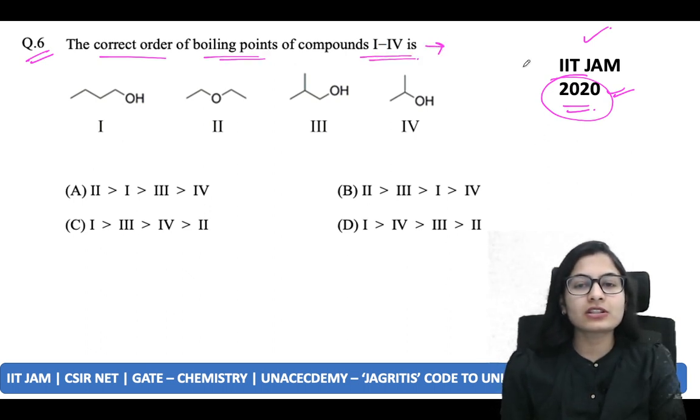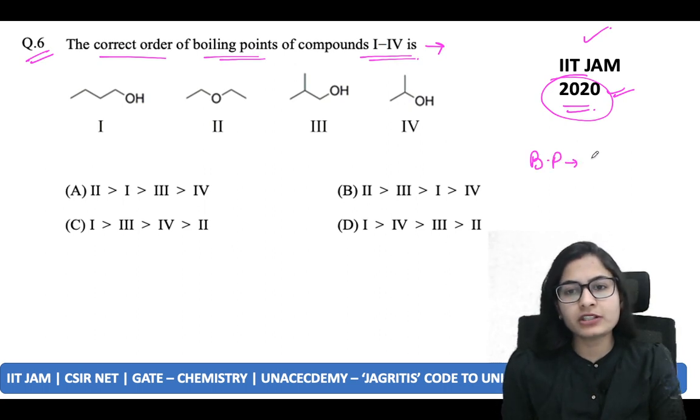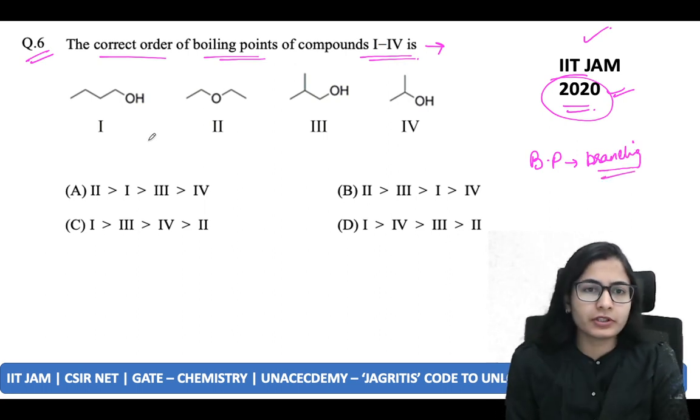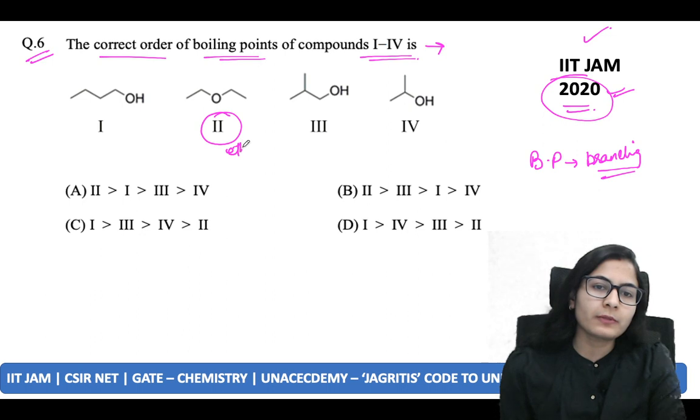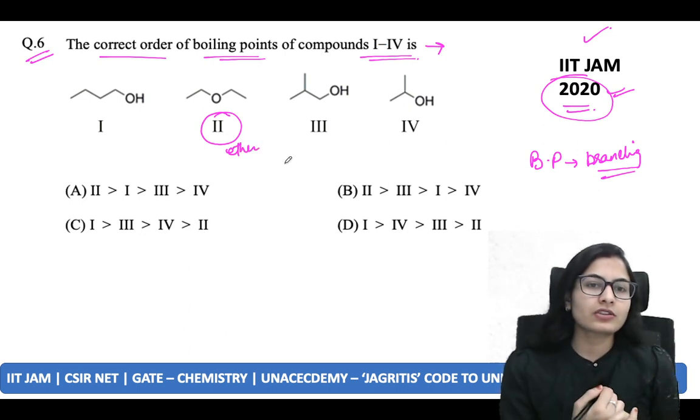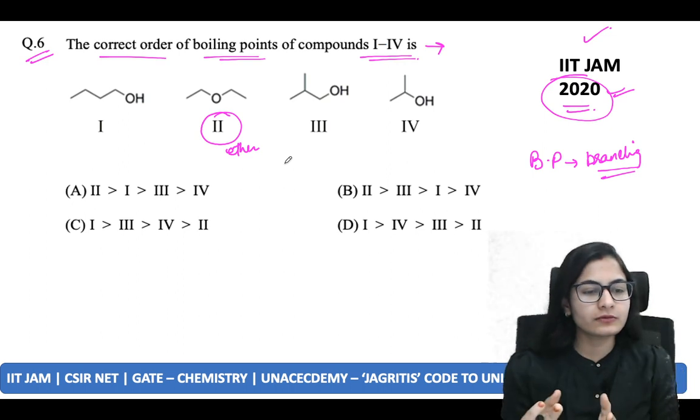So actually this is just a 1 mark question and a very important question, because see, order of boiling points here it's just going to depend on branching, right? You first of all, sorry, so all of these four options, 1, 2, 3 and 4, you see, only option number 2 is going to be an ether. All of the other ones are your alcohol. So based on the structure of alcohols, because of hydrogen bonding, they give you a greater boiling point.